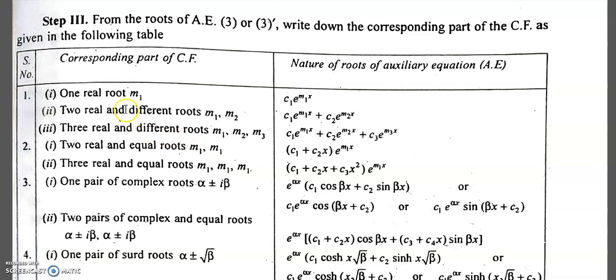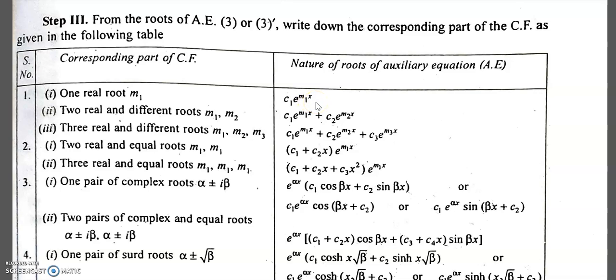Suppose a differential equation is given which is first order. First order means dy/dx, so it has only one root. Suppose that root is real and is m1. How do we write the solution? We write the solution as c1 e to the power m1x.